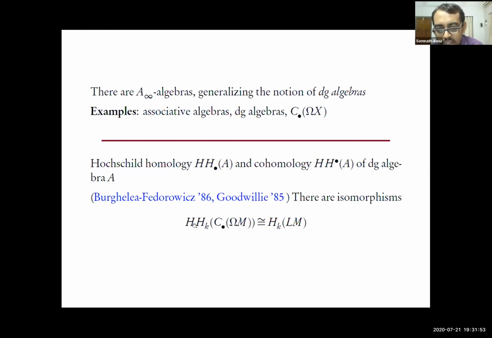So although this might be hard to compute, this is saying that the kth Betti number of LM can be recovered if you knew how to compute the Hochschild homology of the chains of the base loop space. So this gives you some connection why we might care about the Hochschild homology or cohomology of C star of omega X, okay? But again, this is just for every k and there's no extra algebraic structure on either side as of now. But keep this in mind, we'll come back to this, okay?